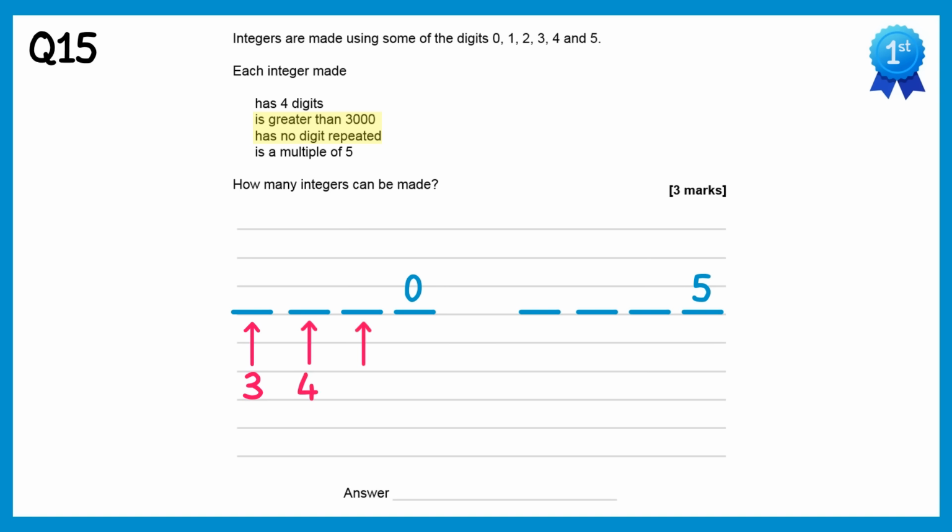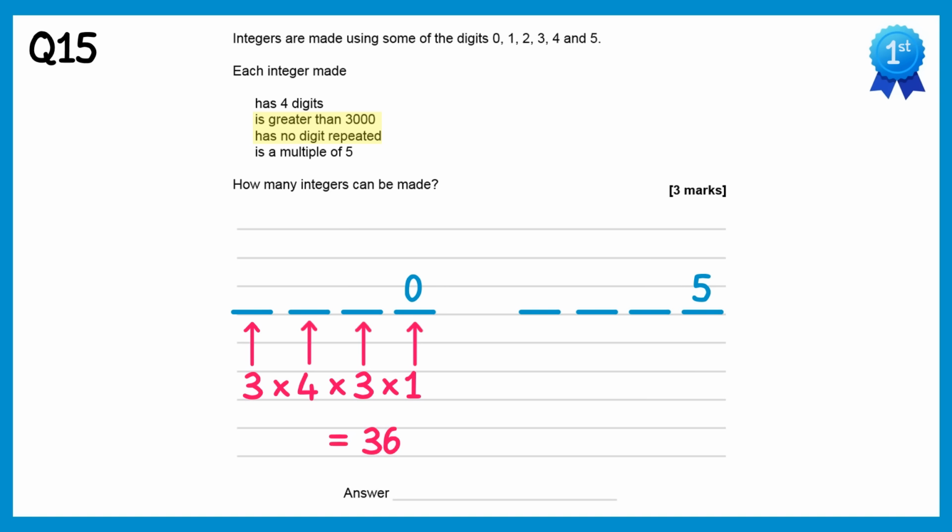This next digit could also be any number, apart from it can't be a 0, it can't be the number we used for the first digit, and it can't be a number we used for the second digit, so there are 3 possible numbers left. And of course for the 0 there's only one possibility. If you times all of these together, you'll find there are 36 possible ways.